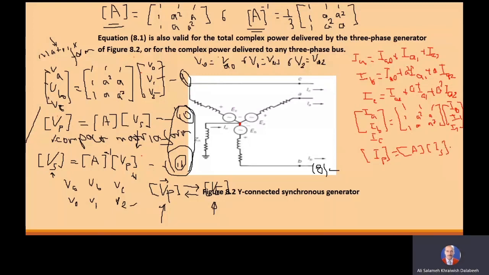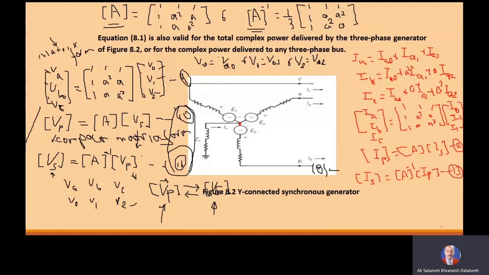This is equation number 12. And the same, we can write that I sequence, the sequence quantities of the currents, is equal to inverse of A multiplied by I phases. This is equation number 13.